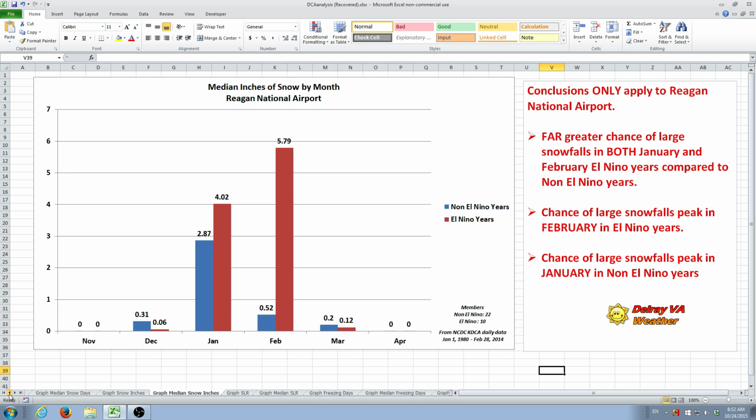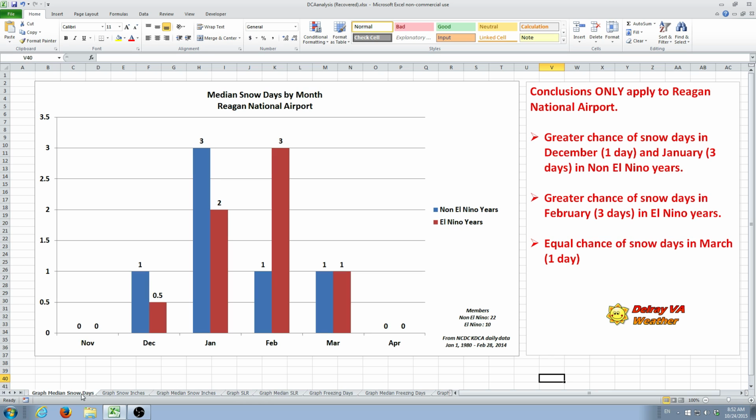Okay, next we are going to look at the median snow days. This is the median number of days in which there was snowfall recorded, and that's done on a day-to-day basis in the analysis, and then is rolled up into monthly figures. A greater chance of snow days in December and January in non-El Nino years.